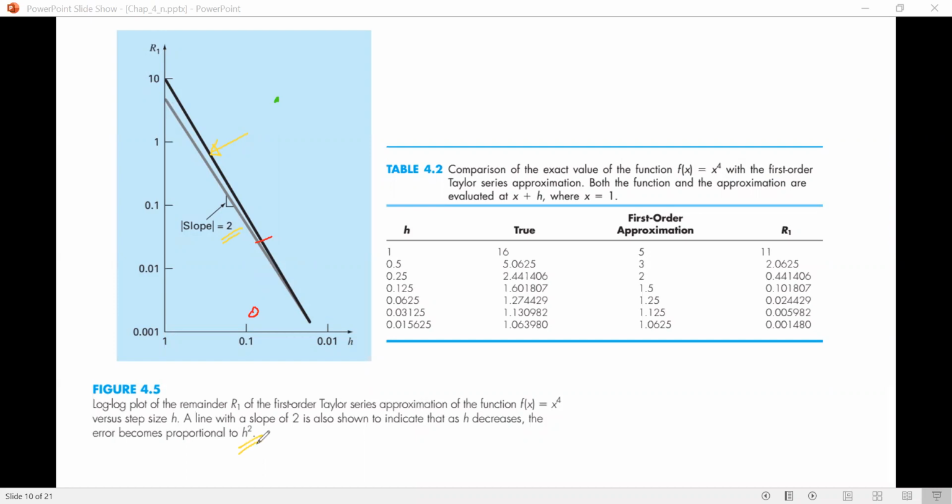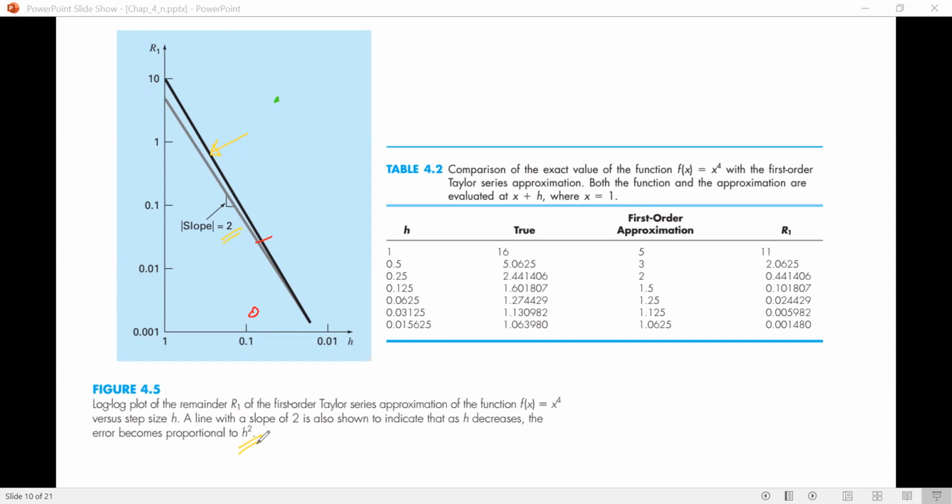It means that your Taylor series is converging, or the remainder is converging, at a quadratic rate. That means if we double our step size, it will cause 4 times the error. Similarly, if we make our step size half, then the error will be reduced by a quadratic factor, that means 1/4. You can easily imagine this.